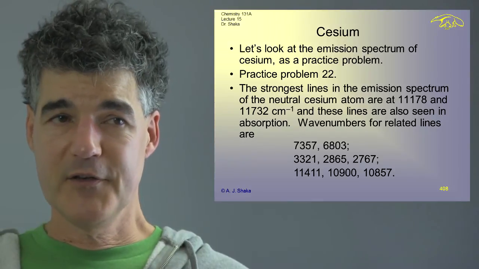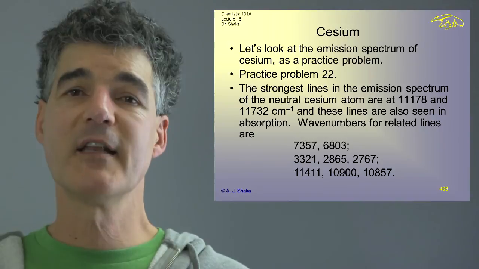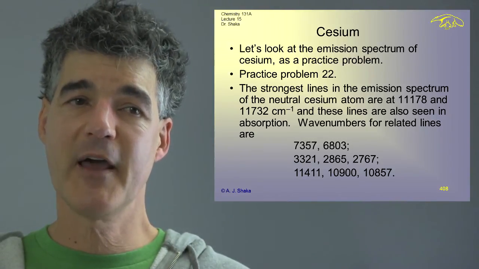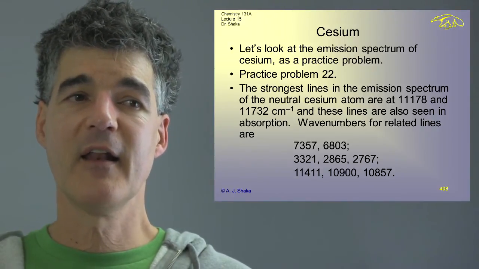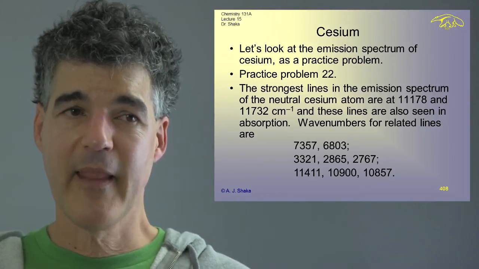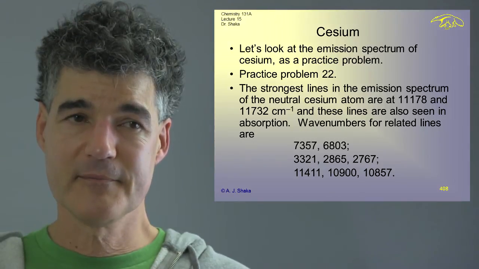Practice problem 22 then is this. The strongest lines in the emission spectrum of the neutral cesium atom are at 11,178 and 11,732 wave numbers. And these lines are also seen in absorption.